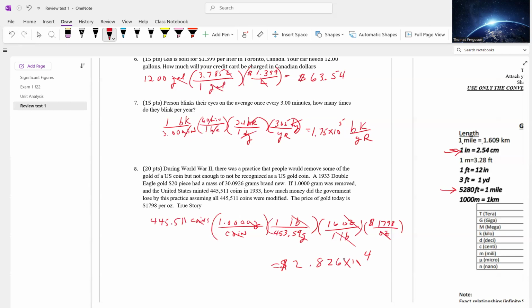And that's assuming, of course, every single minted gold coin was done with this practice. But don't forget they had other gold coins besides $20. They had a 50 and 100 and stuff. They did it to all of them. But anyway, I thought this was a real interesting problem when it's real.